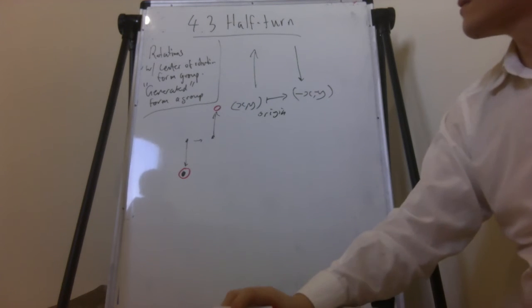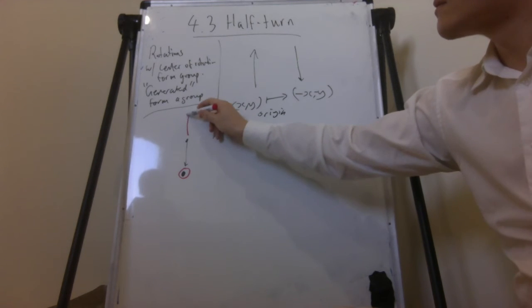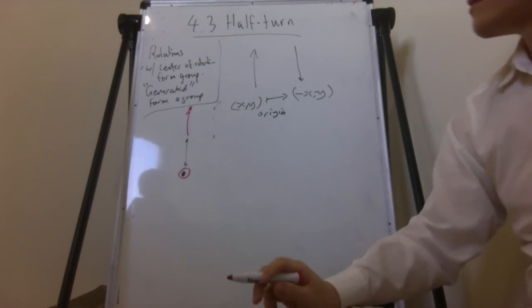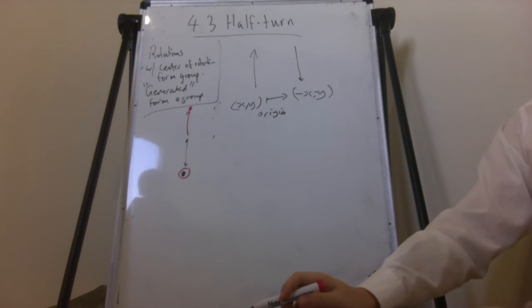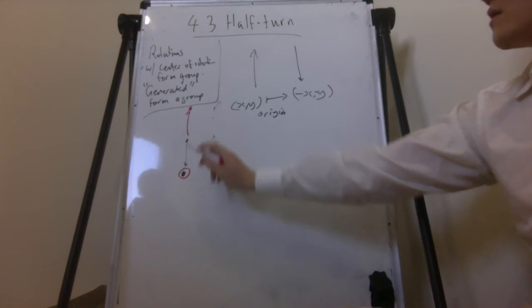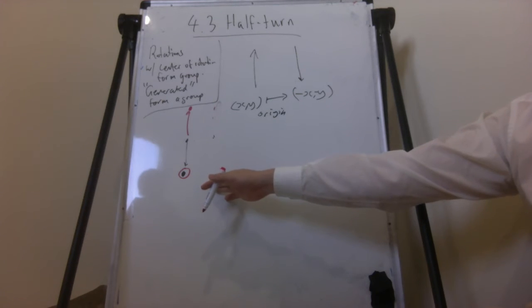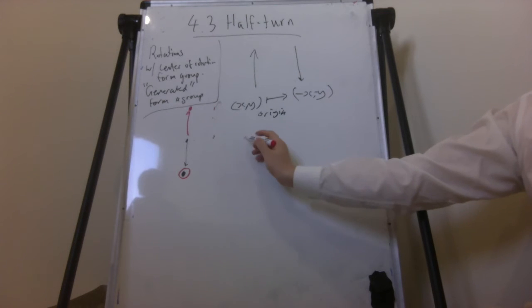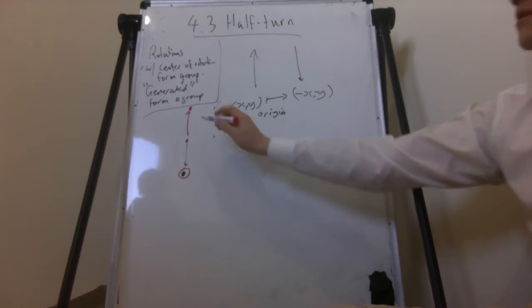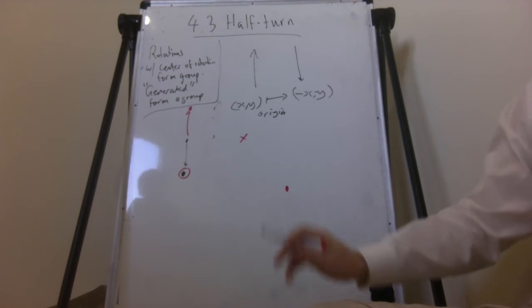Oh well, it's on the same line now. And those don't have to be on the same line. Everything from this is generic. And then if we rotate about another center, like here, then that point now goes to here.